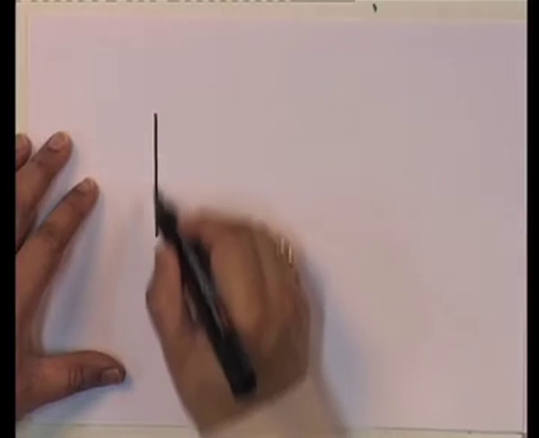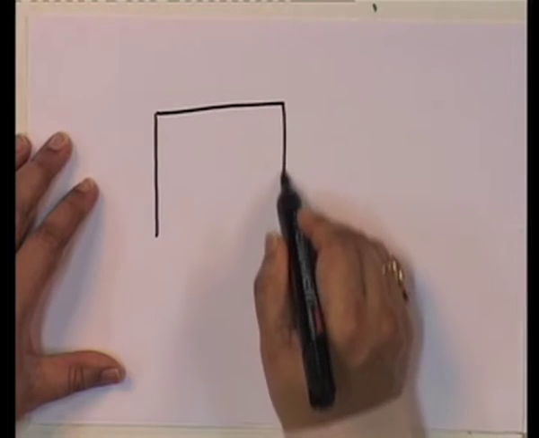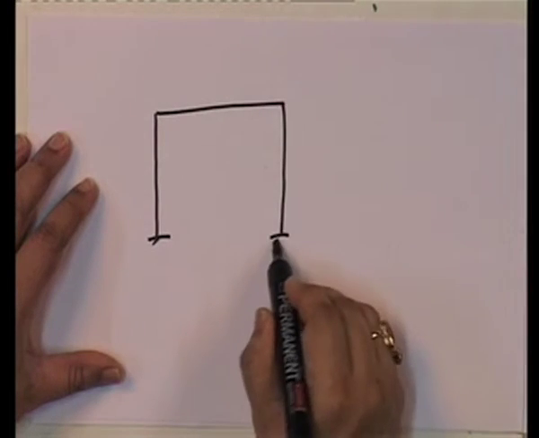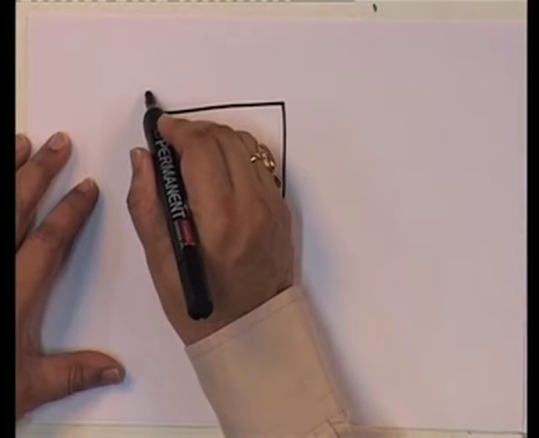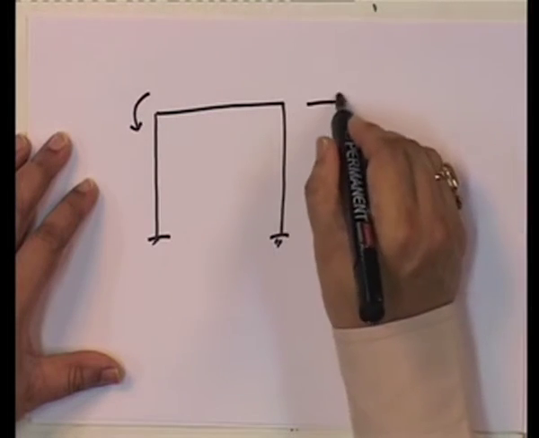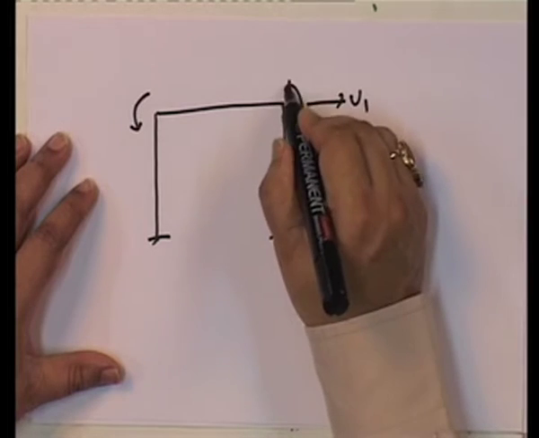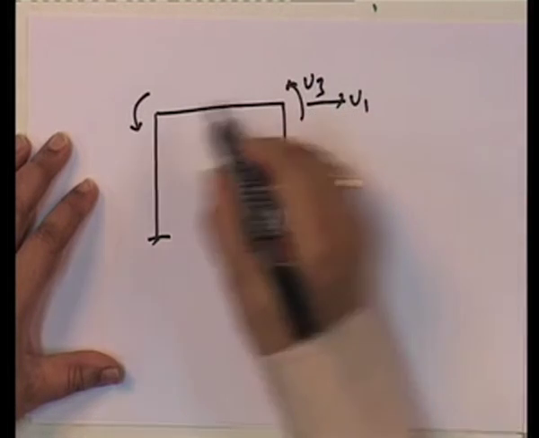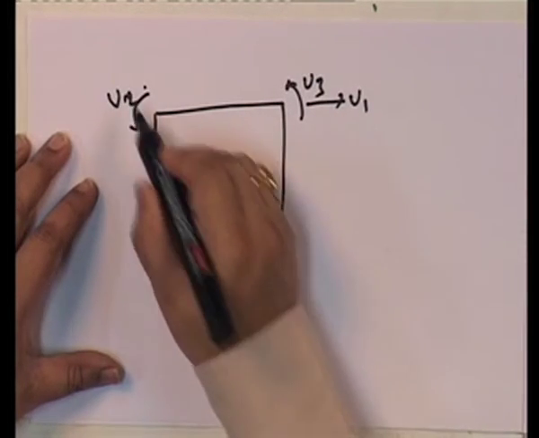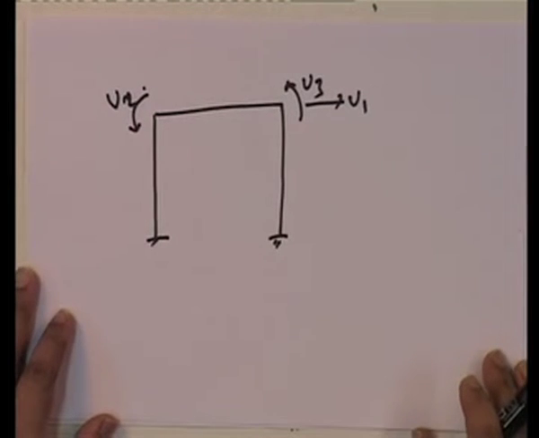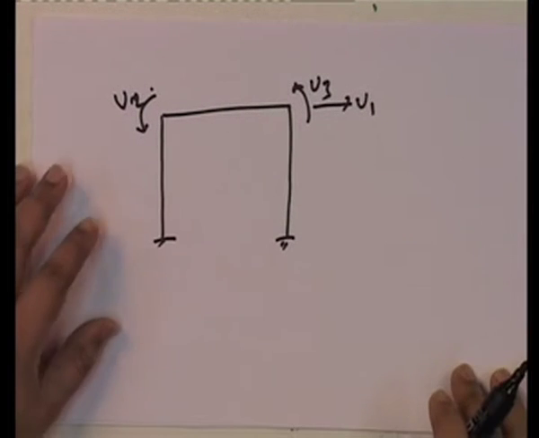Let us look at this structure, with degrees of freedom V1, V2, V3. This is the structure that we have been looking at.